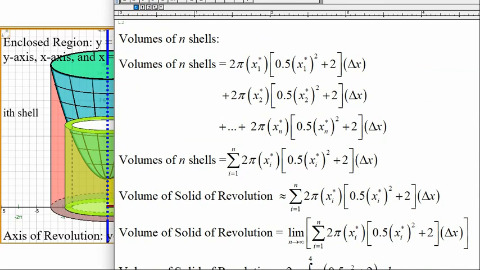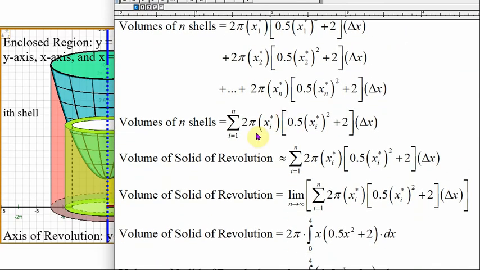Then using summation notation, we would have i from 1 to n of 2 pi times x sub i star, which is the average radius, times the height of the ith shell, which is 0.5 times x sub i star squared plus 2, and then times the thickness of the ith shell.